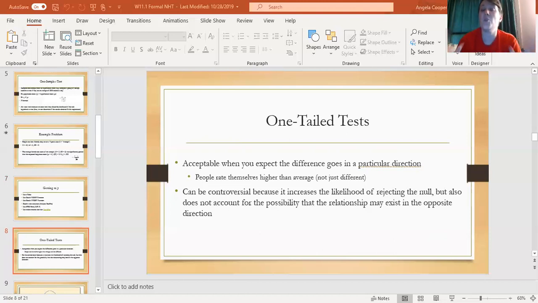So a two-tailed test provides the openness to you being incorrect, in terms of, I hypothesize it's going to be higher, but it's actually significantly lower. That's fine. A two-tailed test will show you that and accommodate for that. So one-tailed tests are a little funky, so we stick with two-tailed tests.